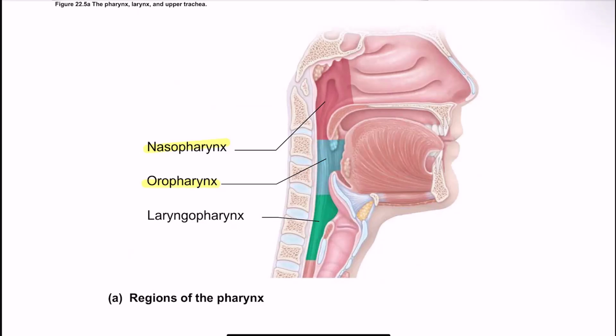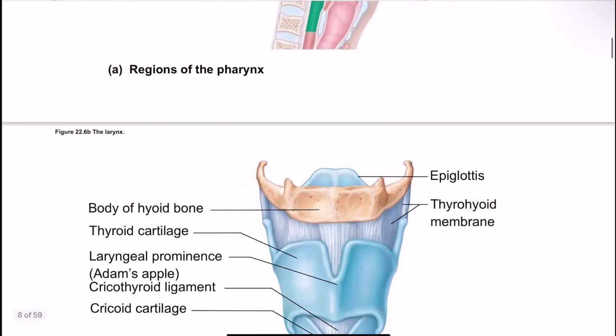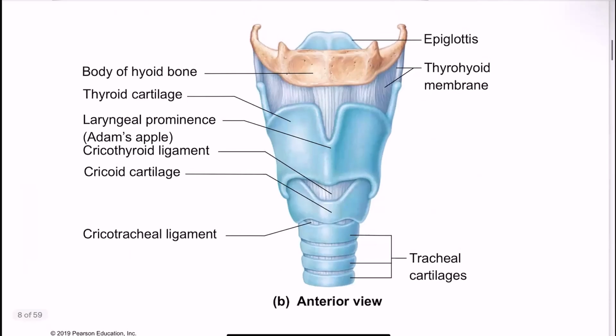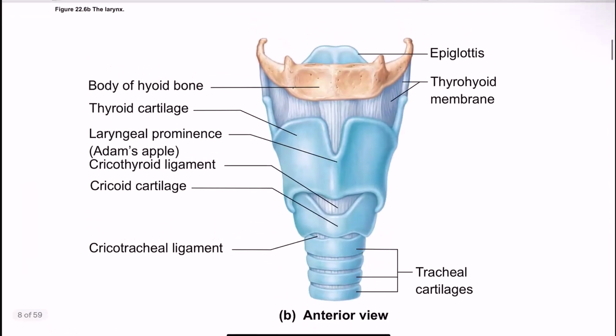And lastly, we have the laryngopharynx, which is that last portion, named after the larynx, which is located just right there. Okay, so let's talk more about the larynx. So this is the larynx.